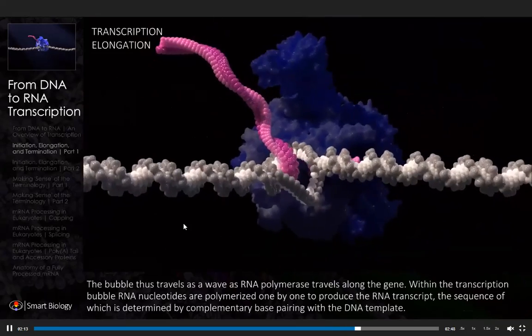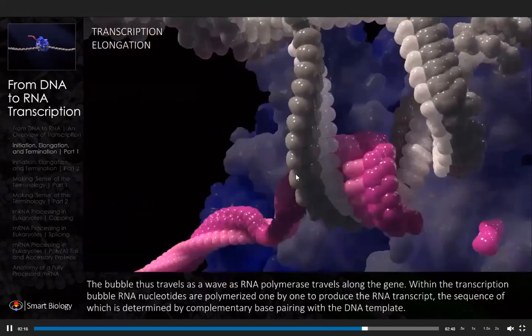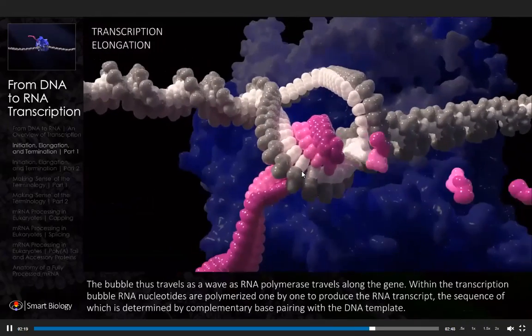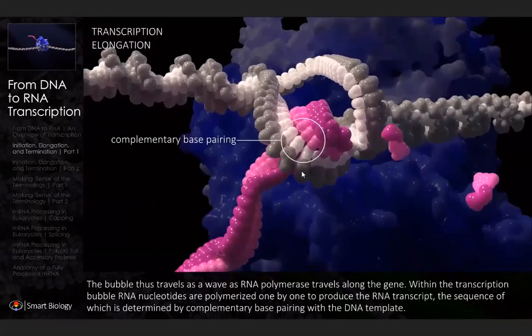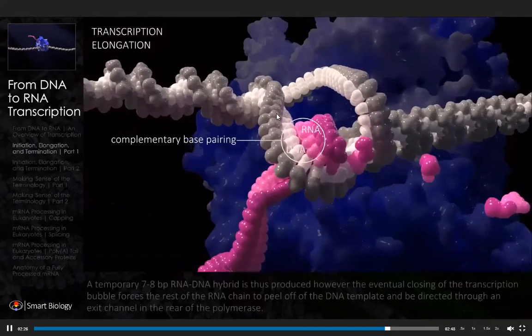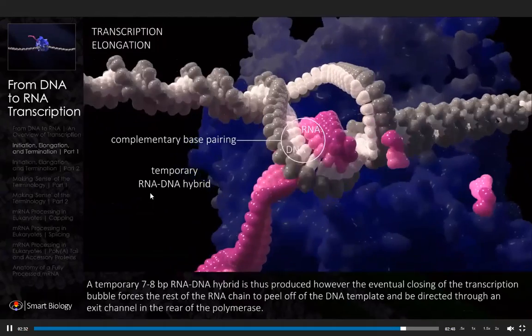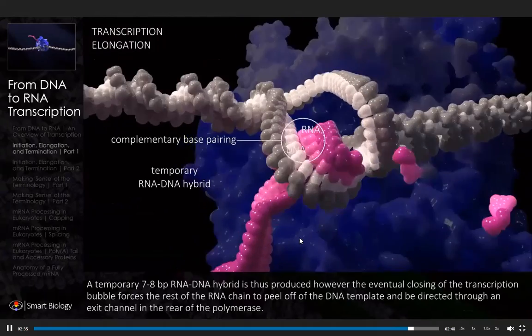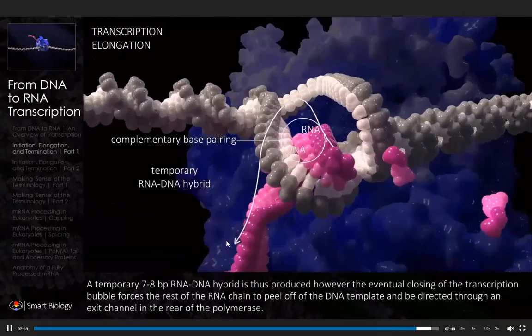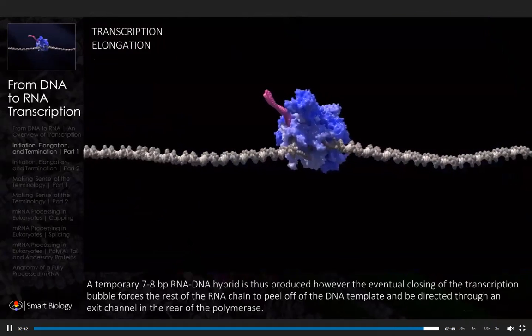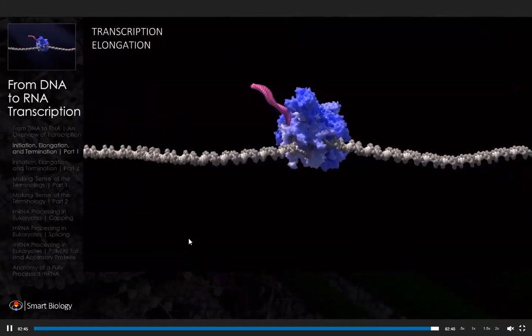The sequence of the mRNA obviously is defined by the sequence of the gene. So there is a hybrid here of RNA and DNA that is formed, a temporary DNA-RNA hybrid, which is then broken down to release the RNA molecule as the synthesis happens.